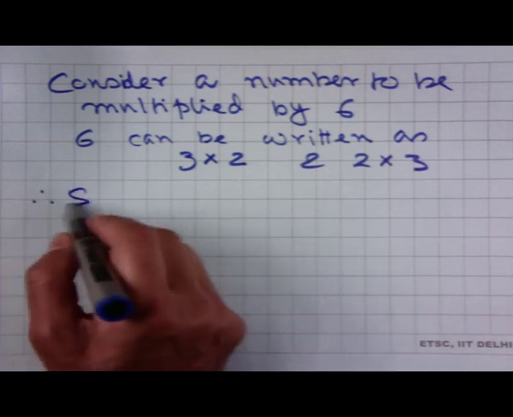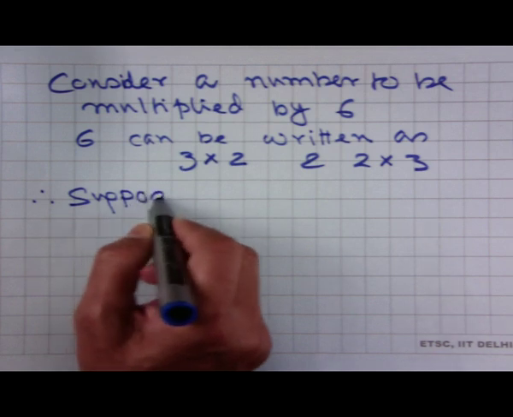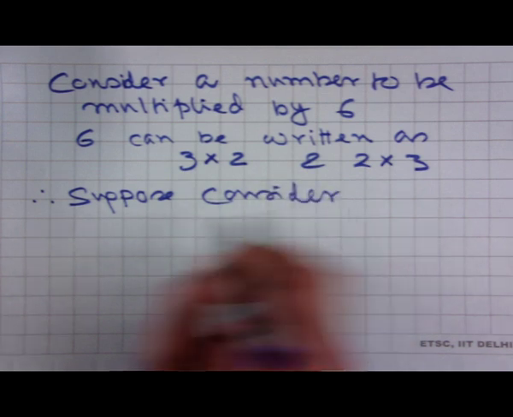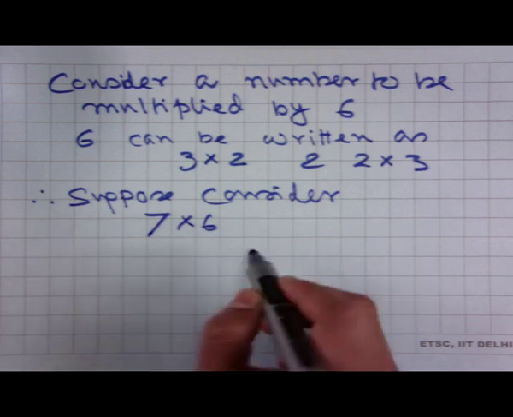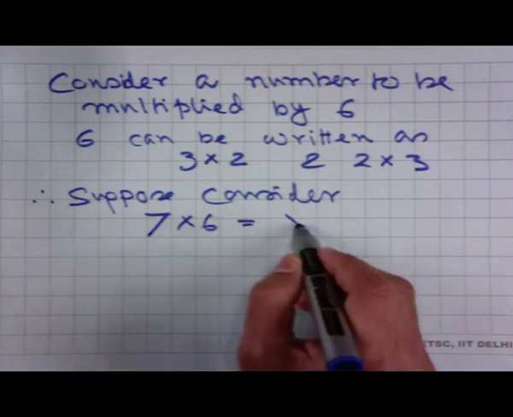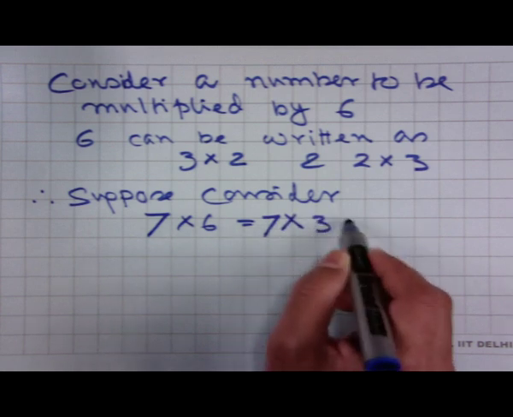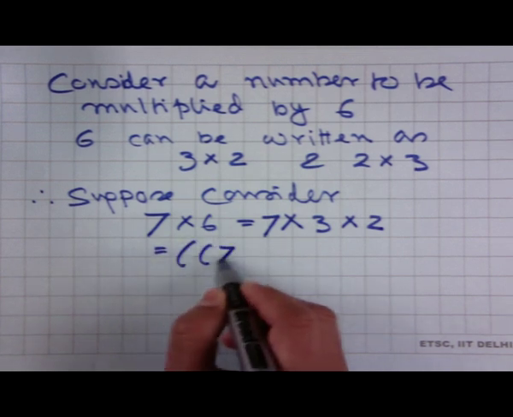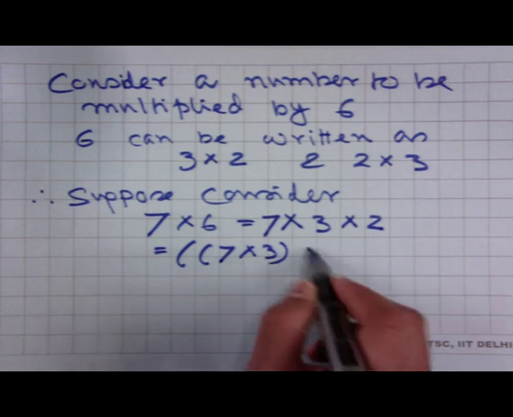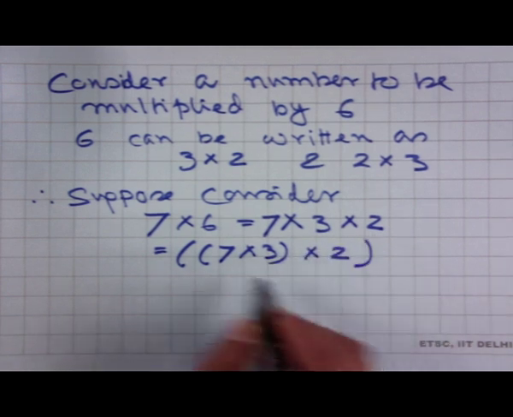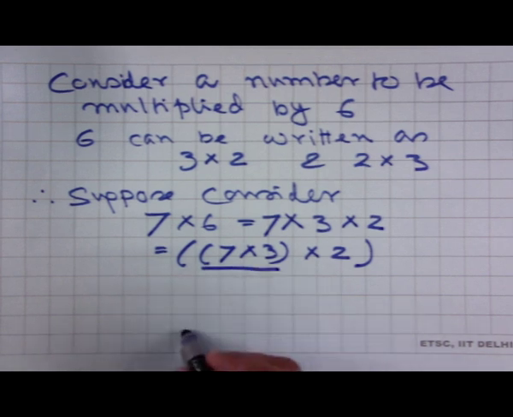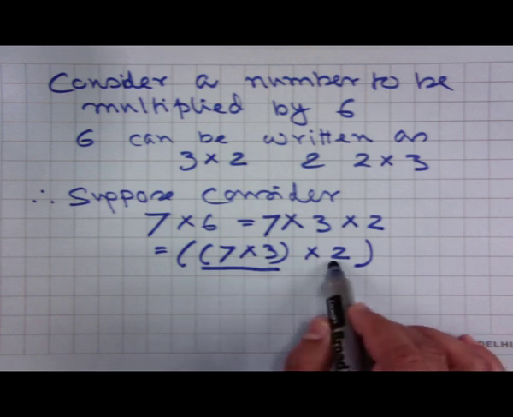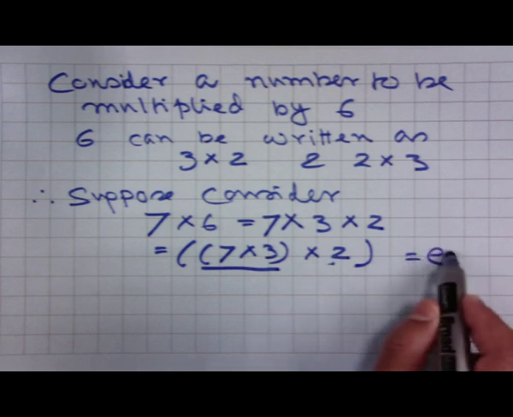Therefore, consider 7 cross 6, which is equal to 7 cross 3 cross 2. I do not know whether it is even or odd, but I know that since it is being multiplied by 2, therefore, this is going to be an even number.